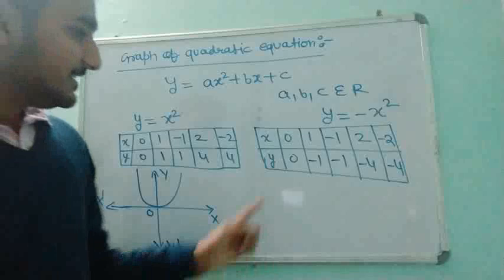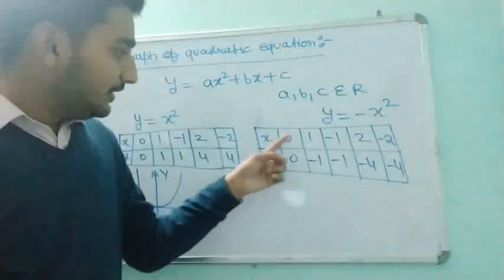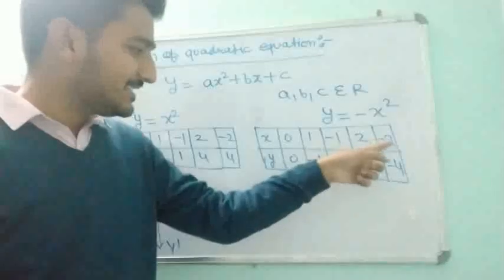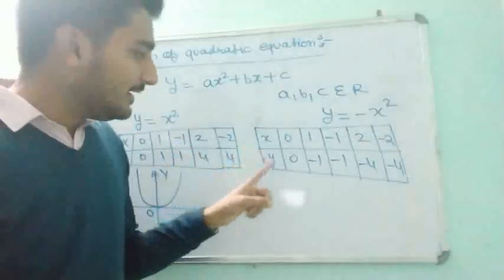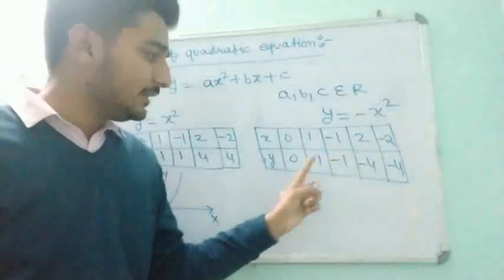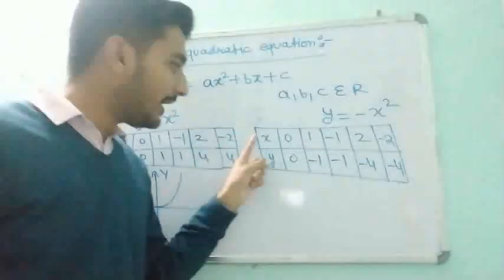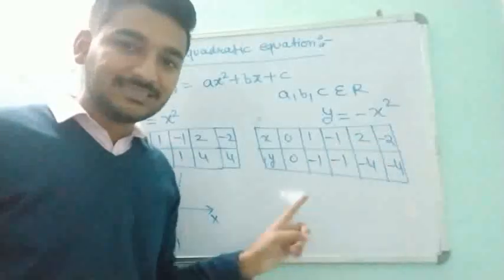If you see this table, for different values of x, either positive or negative or 0, the values of y are negative. So this thing is very clear: for every value of x, y is negative.